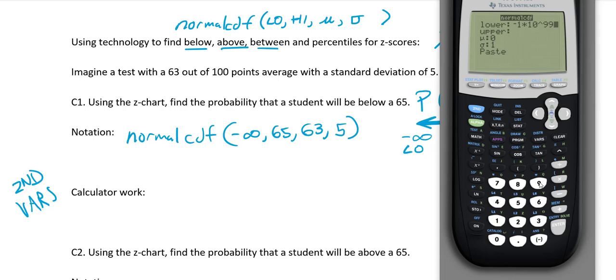And whoa, that is a very, very low number, and it's very far away from 0. So the calculator really treats this as negative infinity. As we go back to our calculator, you're going to see that -1E99 in the lower limit. Now our upper limit is going to be 65, because we're looking to land anywhere between negative infinity and 65 on this test.